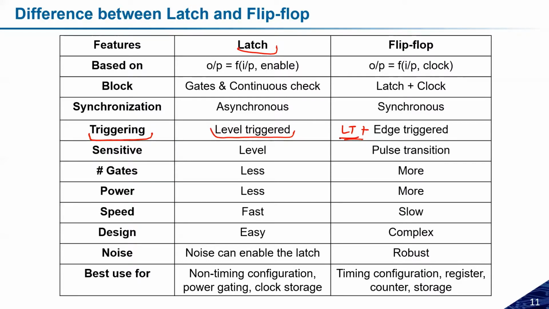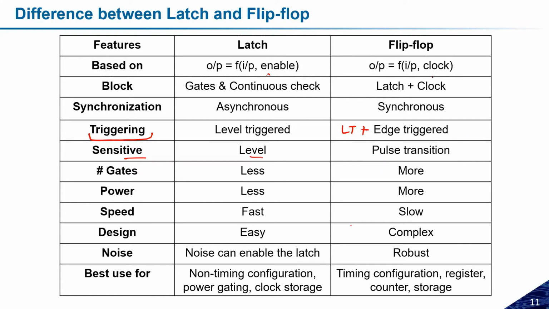Because we are enabling and not using the clock here, if the enable is high or low, based on whether it is active high or active low, that latch will be enabled. So we call this level triggering. But the flip-flop can be level triggered as well as edge triggered. Both are possible. Similarly, they are sensitive to the level, and they are sensitive to the pulse transition if it is edge triggered.